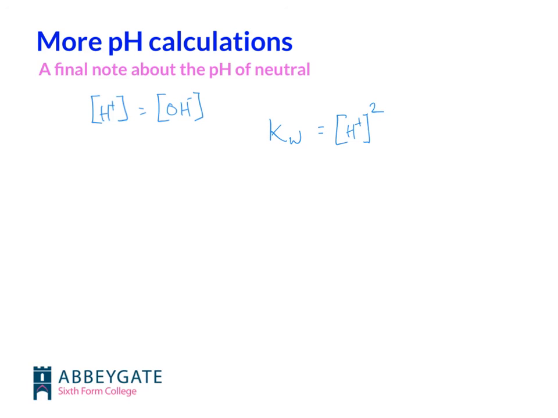So if I know what Kw is, I can work out the hydrogen ion concentration because it will be equal to the square root of Kw.